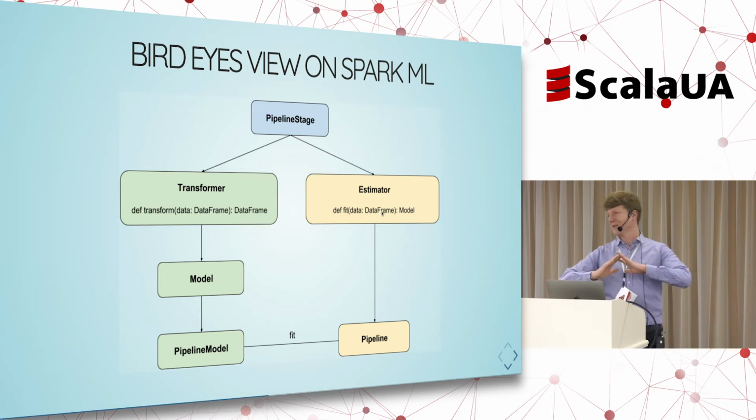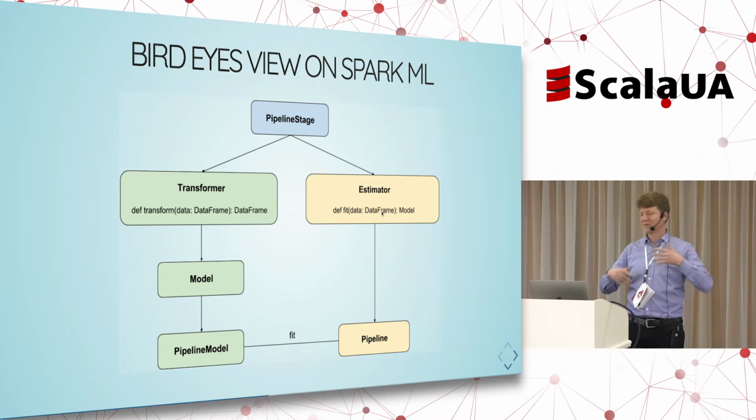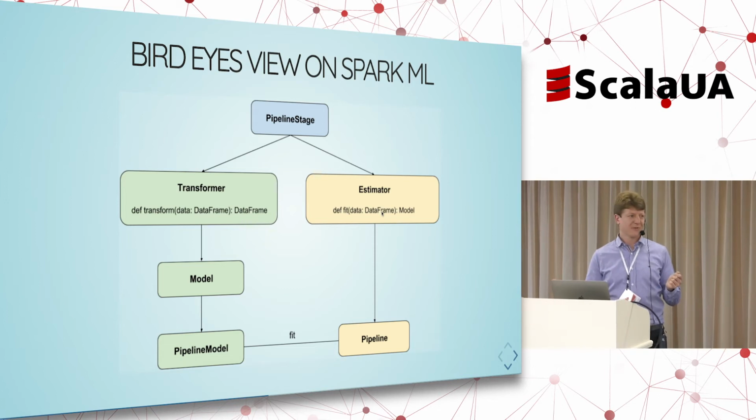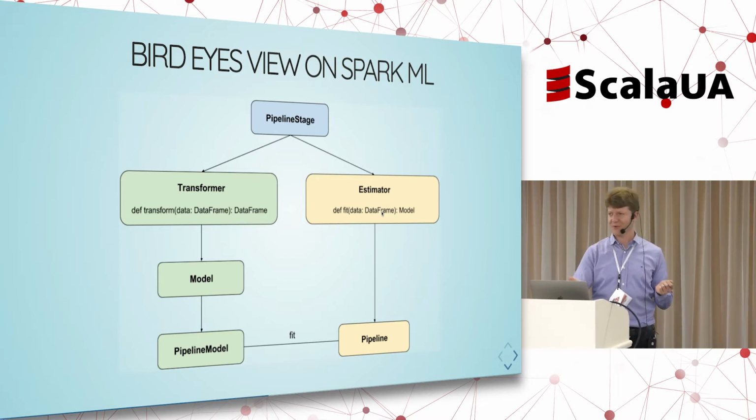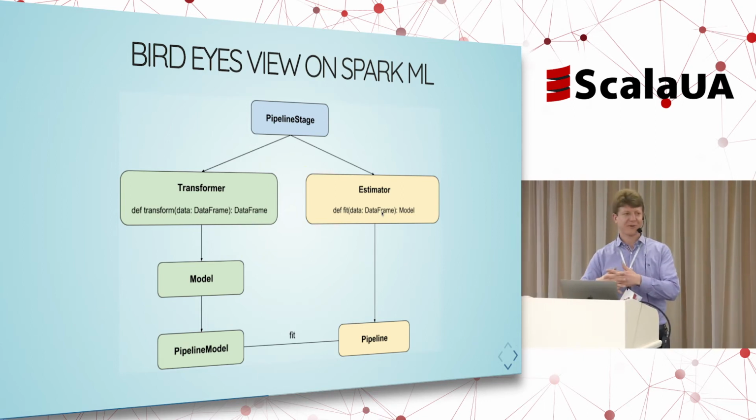So an estimator can be sort of an abstract machine learning based model. It might be, for example, a logistic regression estimator, for those of you who have heard about logistic regression, and then you give it the training data, and then you get back a transformer that hopefully will do whatever it was trained for in a reasonable manner.